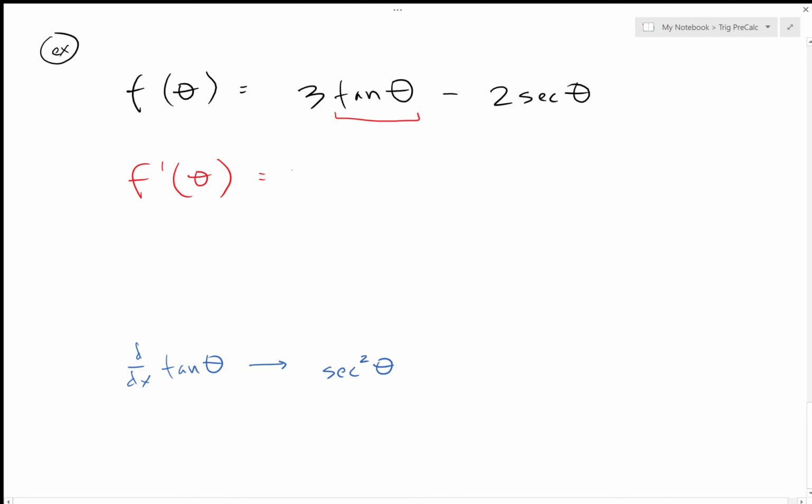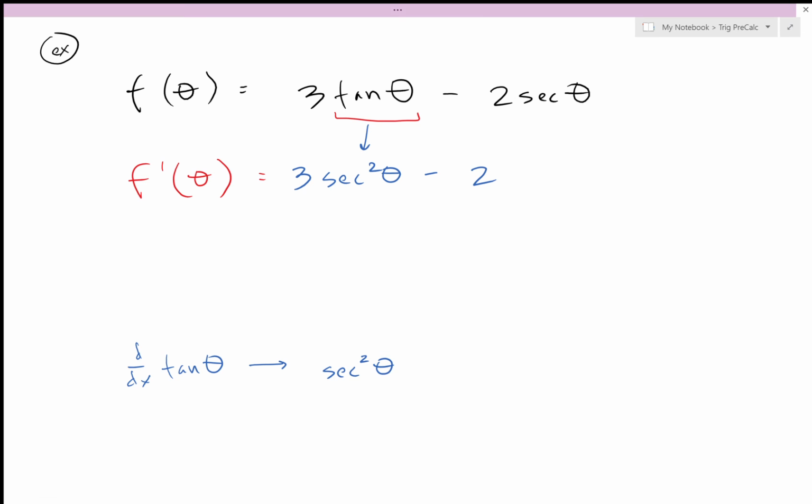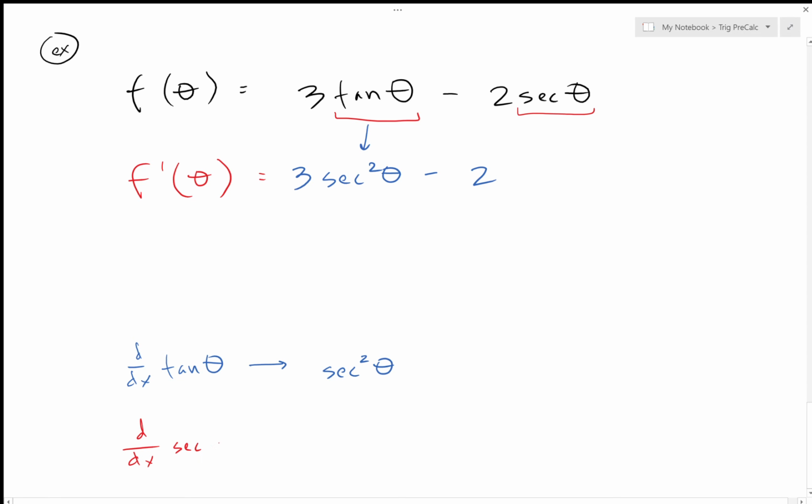Alright, so that's going to be 3 secant squared theta, that becomes that, minus 2, now we got to do secant. Alright, so the derivative of secant is secant theta times tangent theta. So that's going to get replaced over here.